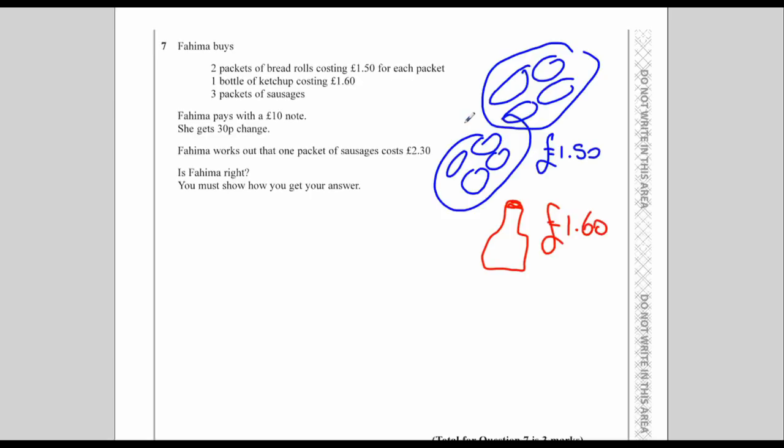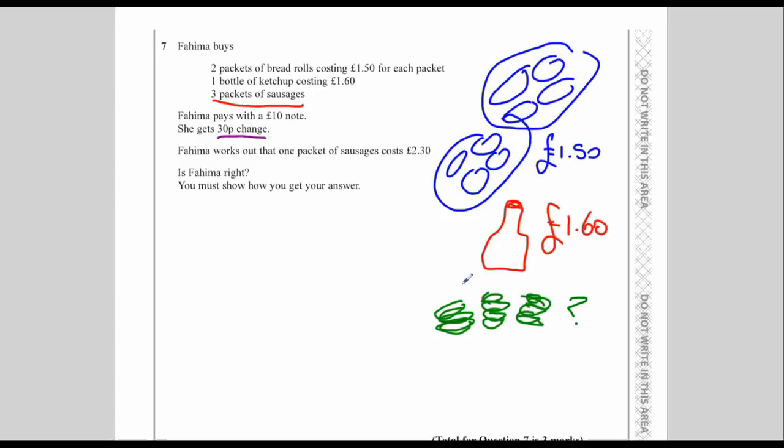And we've got 3 packets of sausages. Now let's not do a masterpiece, let's just get a quick couple of sausages drawn on. 1 pack, 2 packs, whatever, 3 packs. And we don't know how much she's paid for them yet. But she paid with a £10 note and she got 30p change.